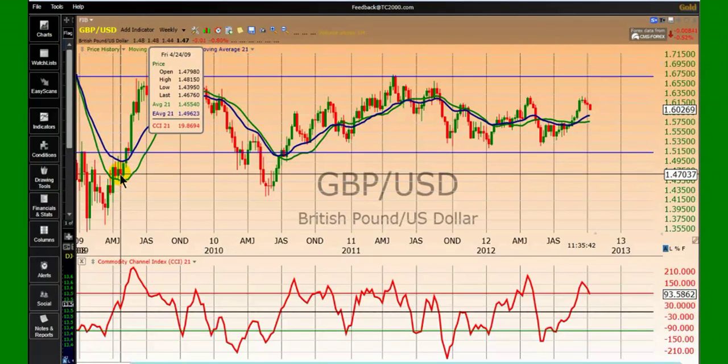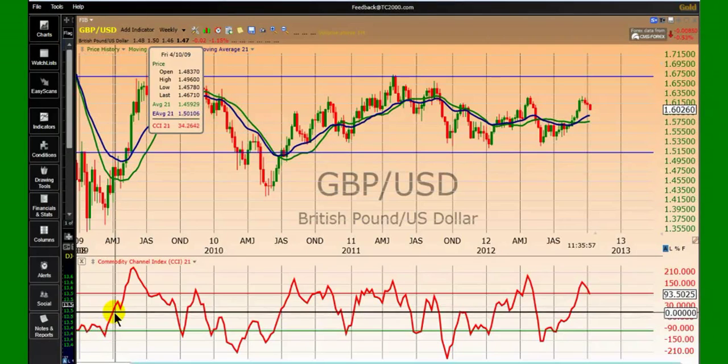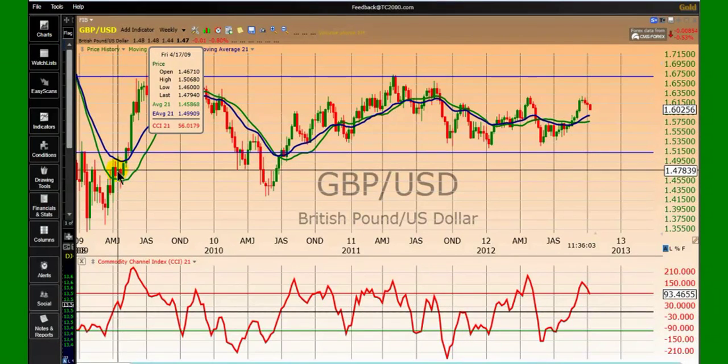Sometimes there are some discrepancies, so to speak, which means there will be a disagreement between what the CCI is telling us, or a divergence. This is the correct word, the divergence between the CCI and the price. But here there is a convergence, which means the CCI indicator is near the zero line. At the same time, the price is near the simple moving average 21.